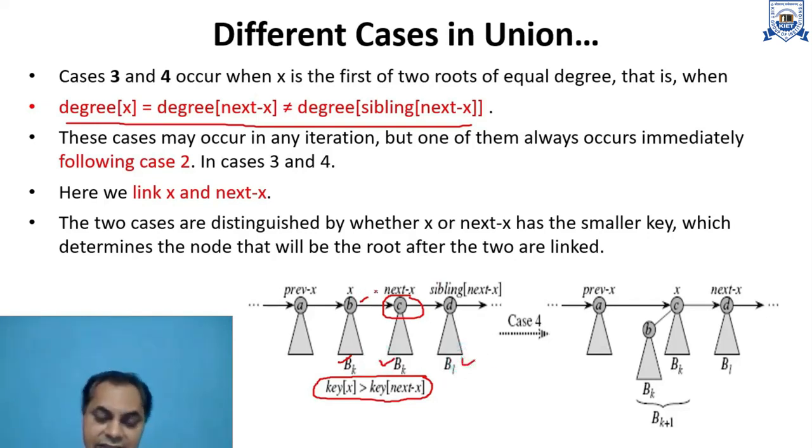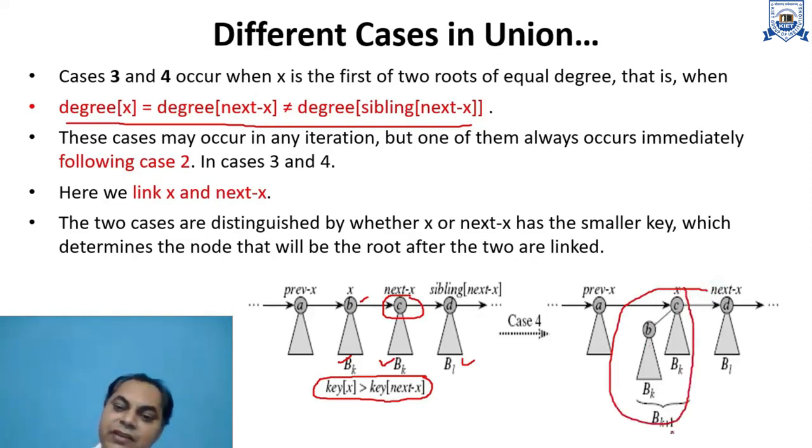In this case c becomes the parent of b, as you can see here. After linking these two binomial trees, the degree is incremented by 1, so B k plus 1, and we get a new tree in the root list which has degree k plus 1. The root of this tree is c, and this is previous x and this is next of x. So this is case 4.